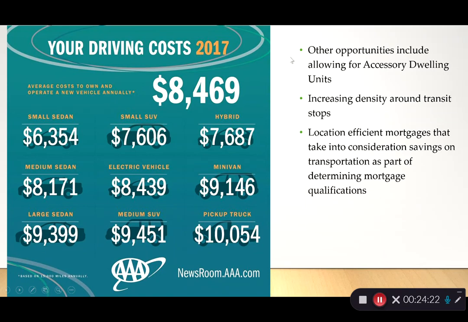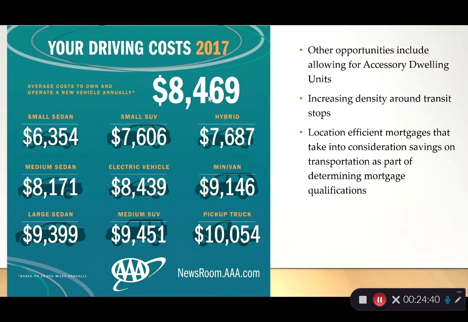So you can see in 2017, the average cost to own and operate a vehicle is about $8,400. So if you do the math on that, 8,469 divided by 12 is $700 a month to own a car.